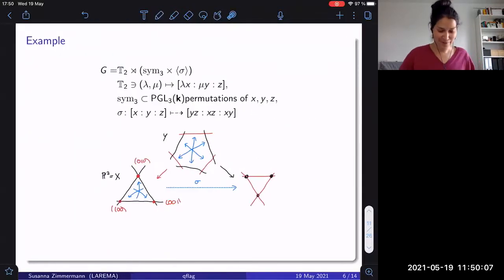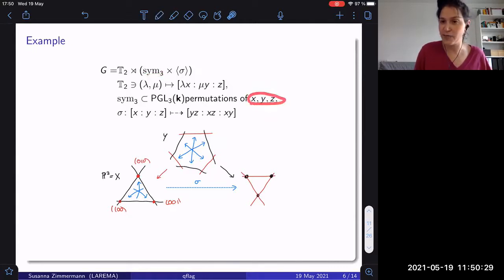So third example. Here, my group is going to be a split torus times this group of permutations times an involution. So my split torus acts on P2 the usual way. And my Sym3, that's just the usual permutation of x, y, z.